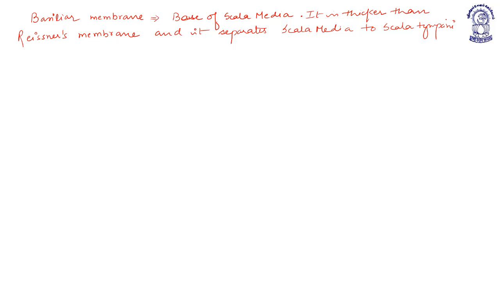So the basilar membrane helps to separate scala media and scala tympani. It is thicker than Reissner's membrane.